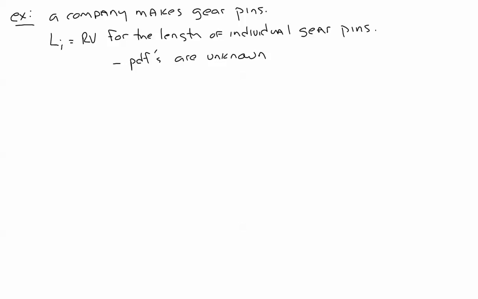We don't have any idea, and we really don't care for this particular example. We are going to assume that, whatever they happen to be, the probability density functions describing the length of each individual gear pin are identical.